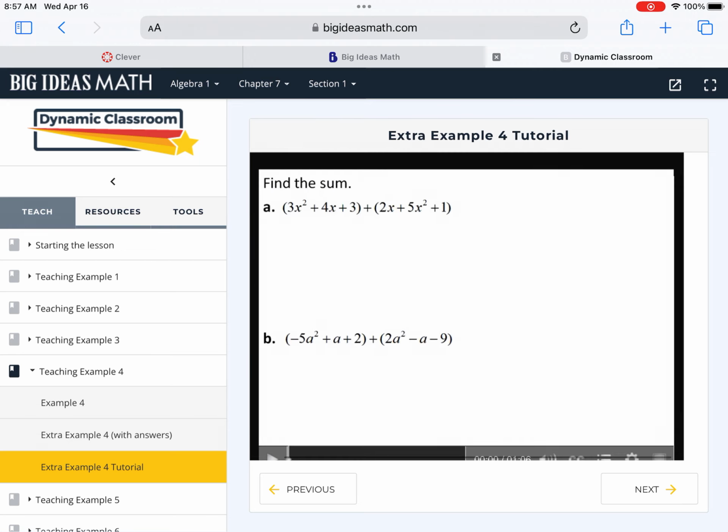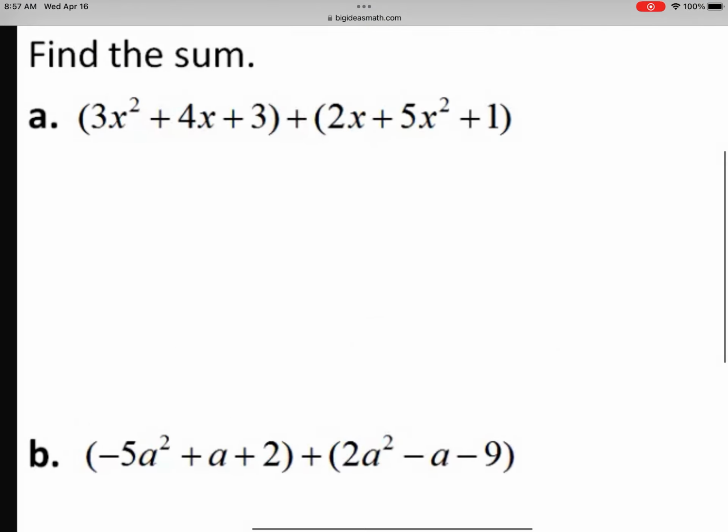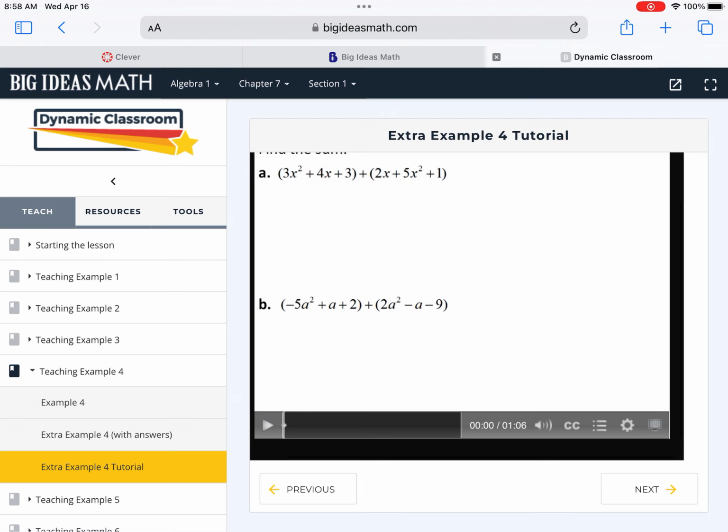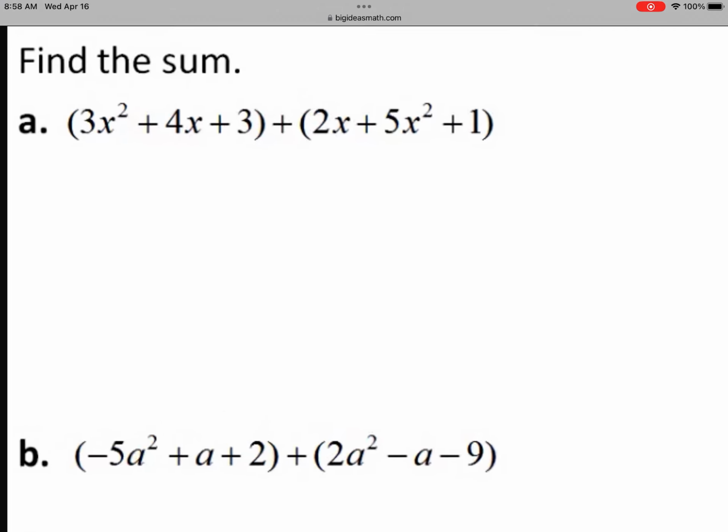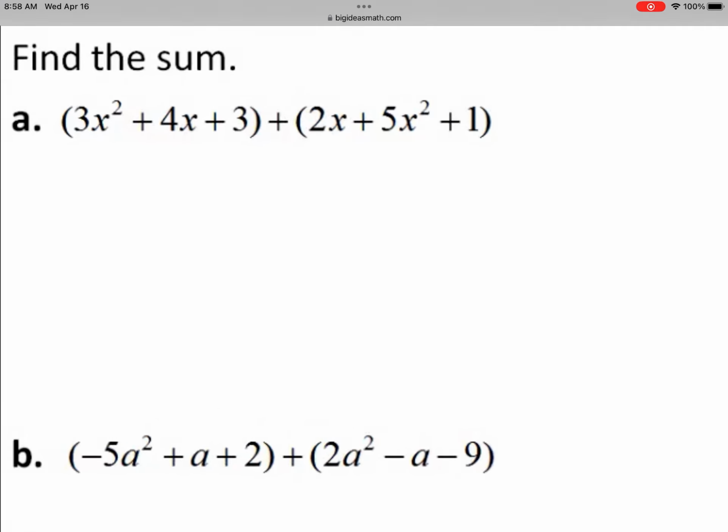Find the sum. Part A. The quantity 3x squared plus 4x plus 3 plus the quantity 2x plus 5x squared plus 1.